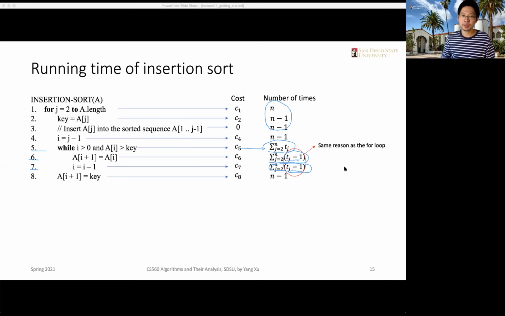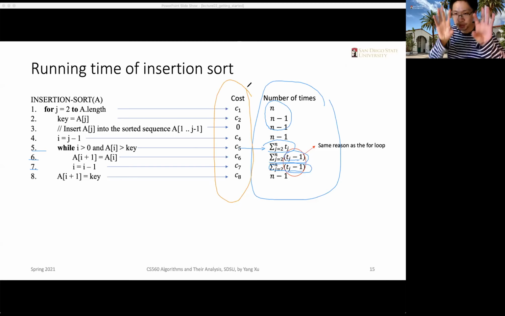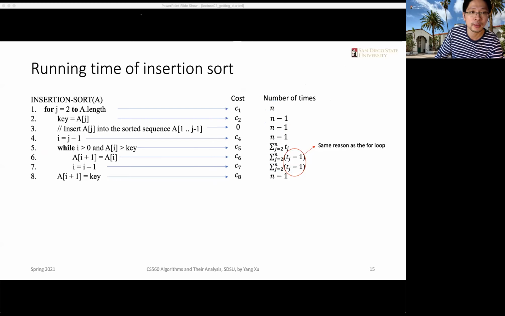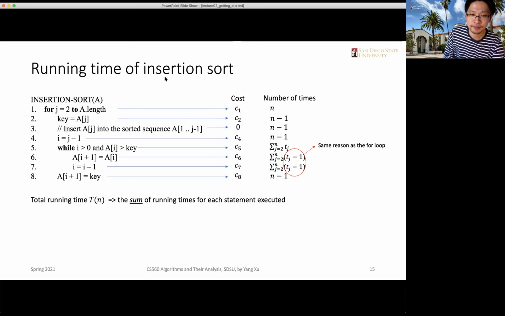Now having this column defined and also the first column defined, we can use these 2 columns to define the total cost of the algorithm, which is simply the sum of running times for each statement executed. If we look at the first line, executing once will cost us C1, and we know that it will execute n times.